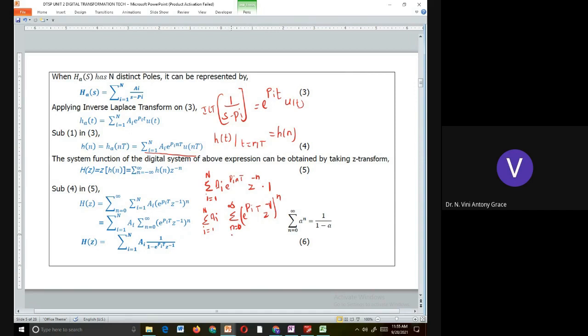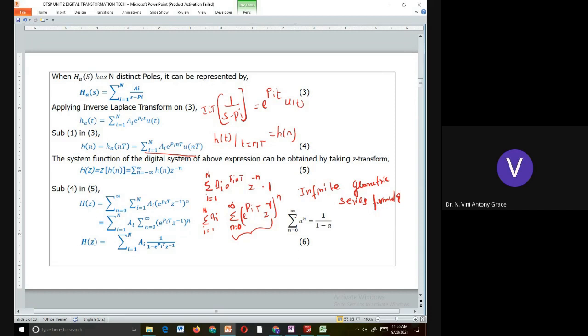Okay. Now, if you observe this summation, it can be simplified by using what is called the infinite geometric series formula. You remember this? Try to recollect. All these you have studied in Z transform. Now, what is this infinite geometric series formula?